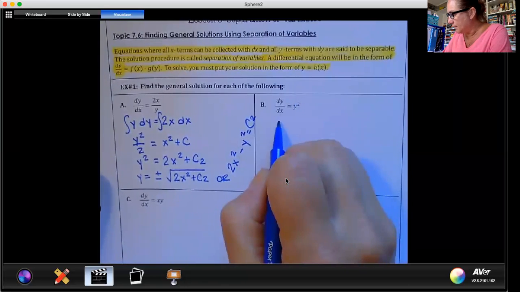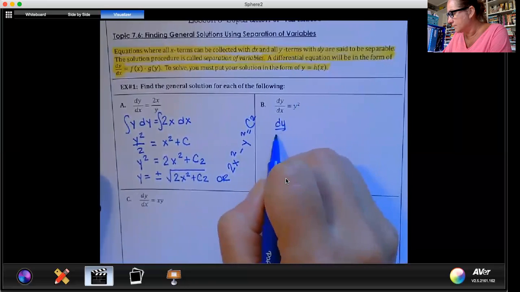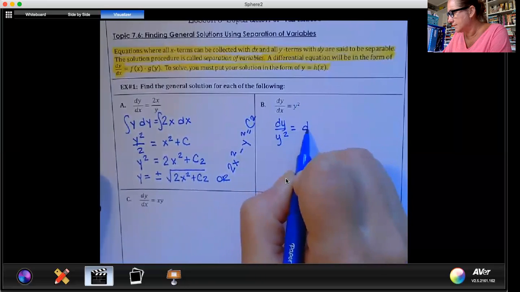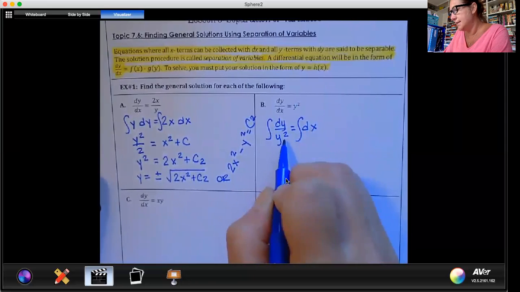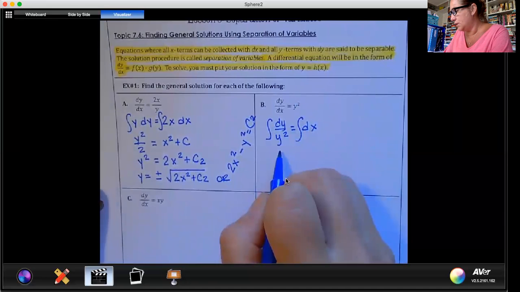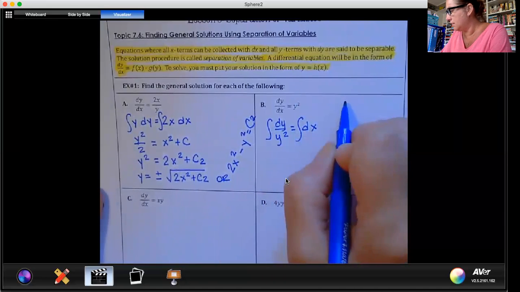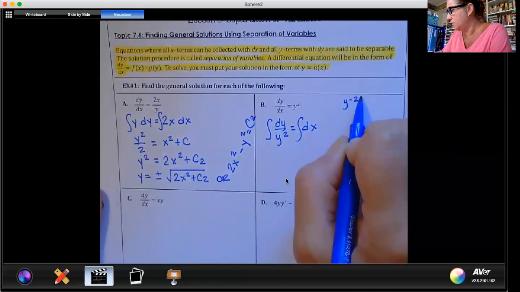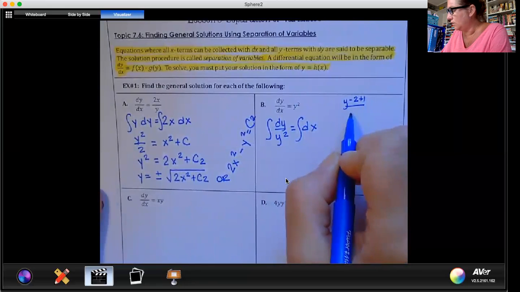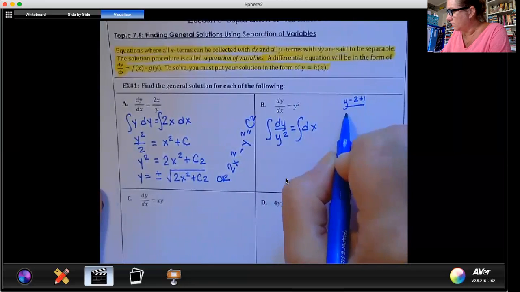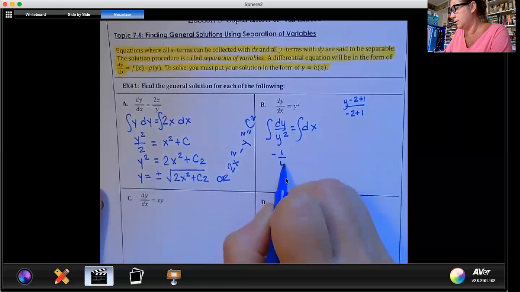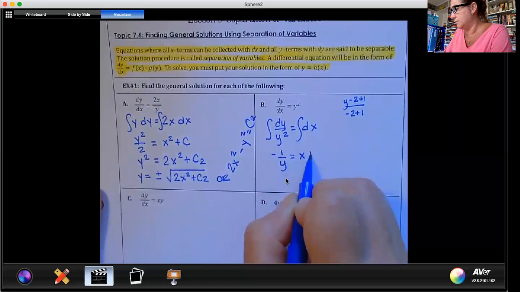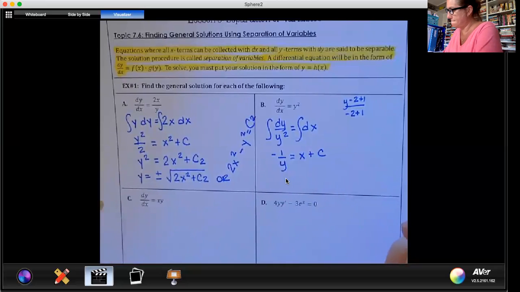All right, so separate your variables. Dy over y squared equals dx. Integral on both sides. This is y to the negative 2. So let's see, y to the negative 2 plus 1 over negative 2 plus 1 is negative 1 over y equals x plus c.